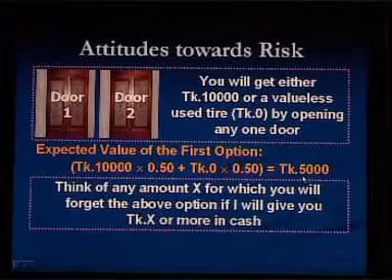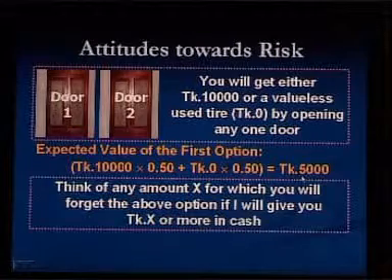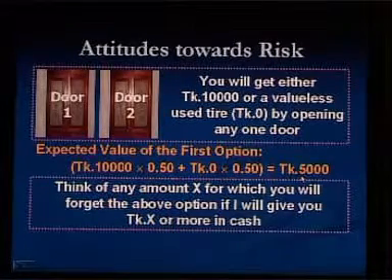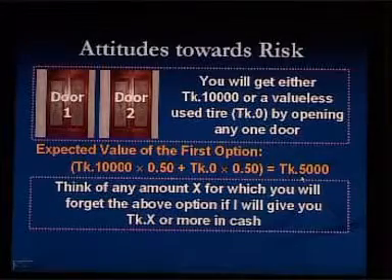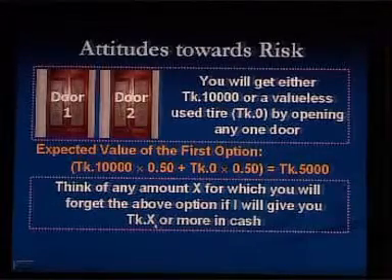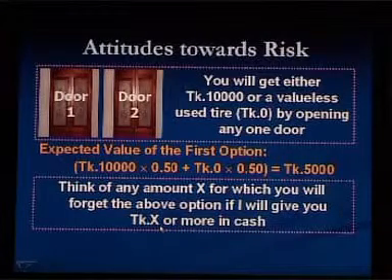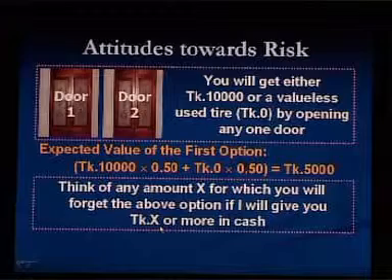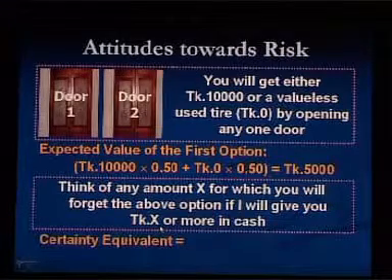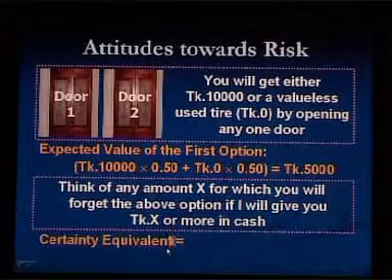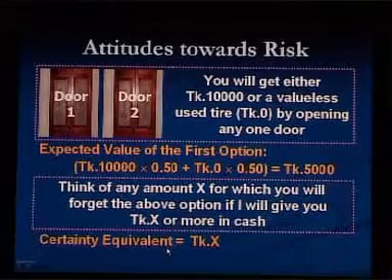Now, just think by yourself and decide what taka amount would make you indifferent between taking what is behind the door or taking the money, that is x. In this case, the amount you are thinking about to forget the first option, that is the uncertain option, is called certainty equivalent. Let this certainty equivalent be taka x.